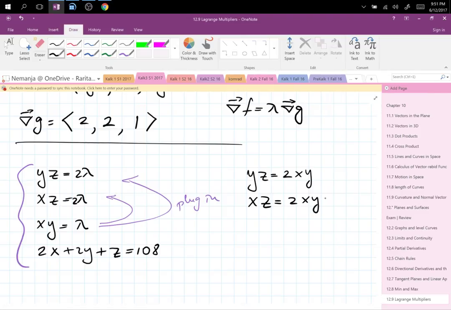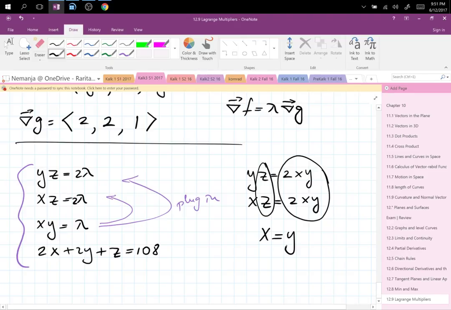What can I conclude from here? y and x are equal. Because this is identical and this is identical, so x equals y. Very good.